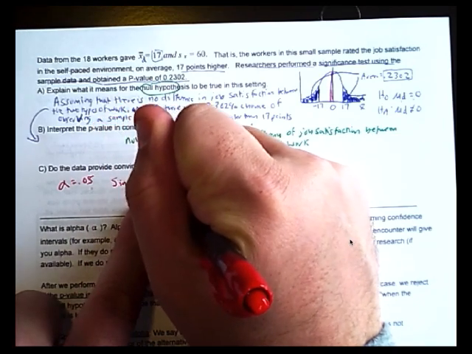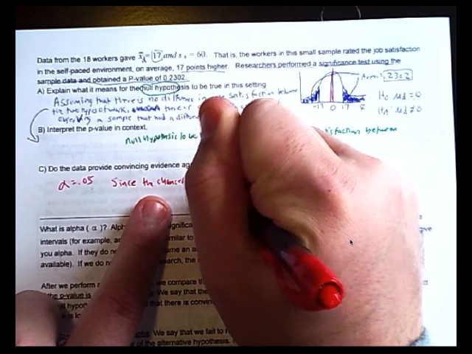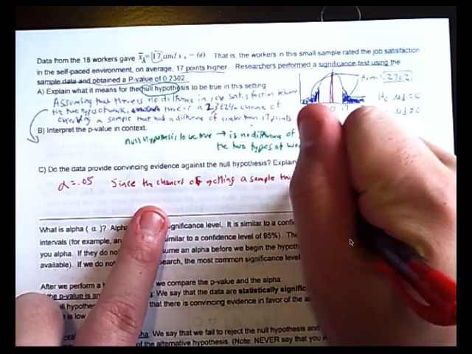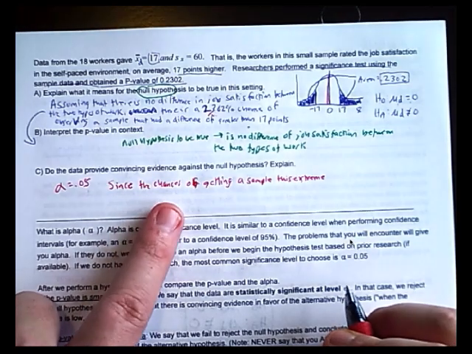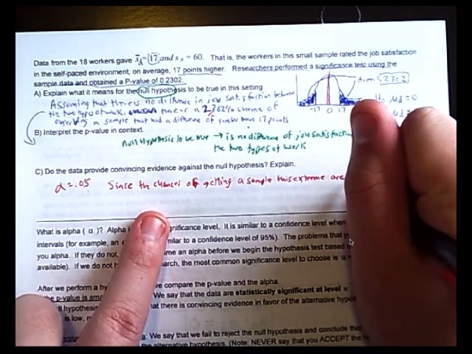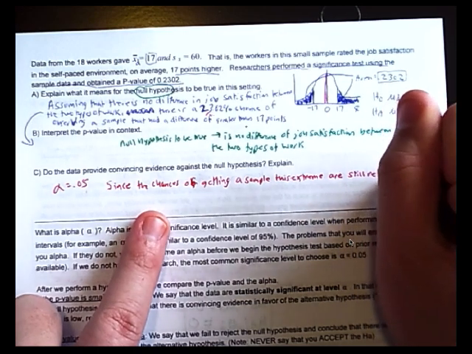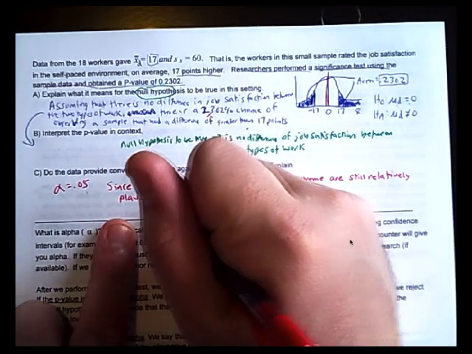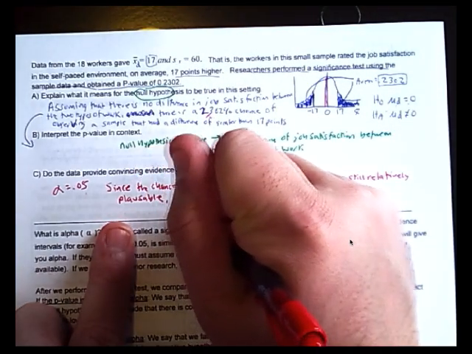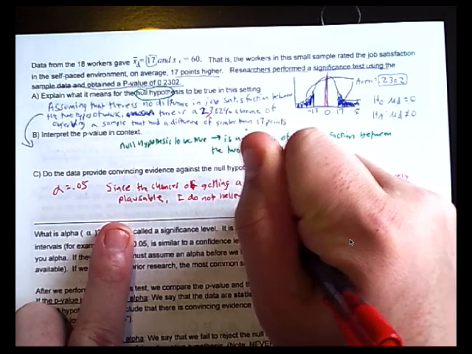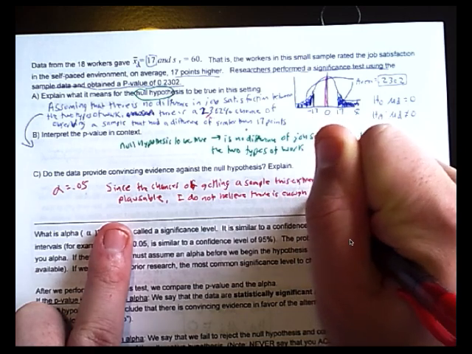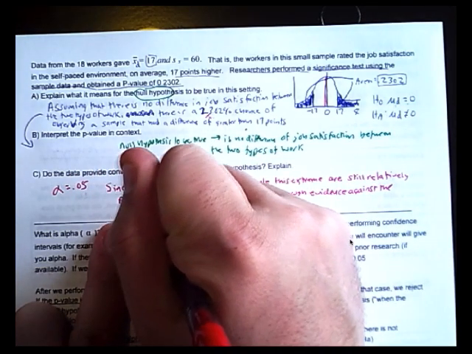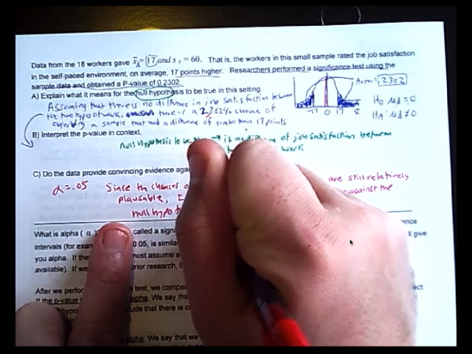Since the chances of getting a sample this extreme are still relatively plausible, I do not believe there is enough evidence against the null hypothesis in favor of the alternative.